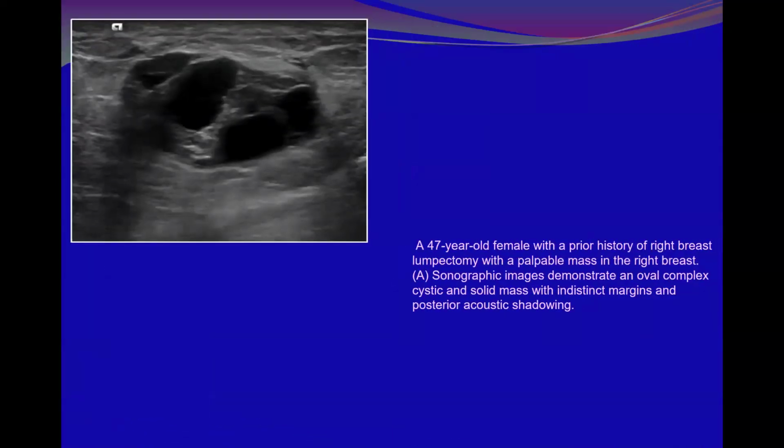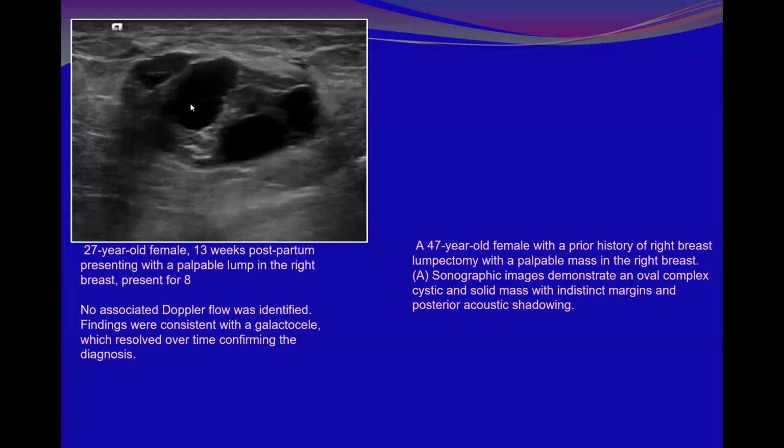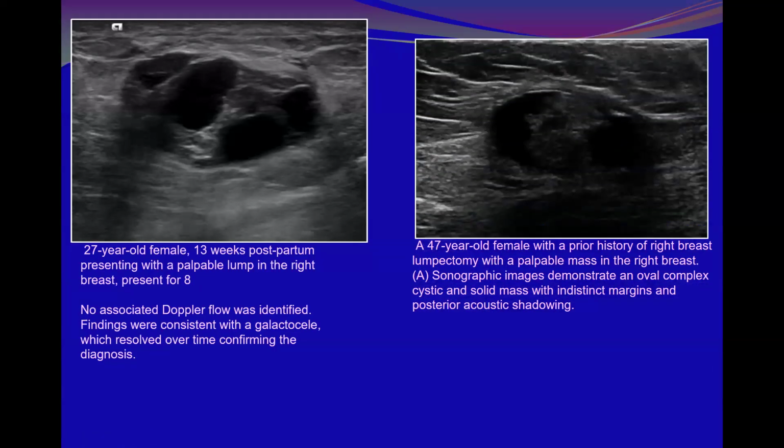And this is a palpable abnormality in, I think, a lactating woman. Since she is lactating, that is a thick septum in a background of fluid, in a case of a galactocele.